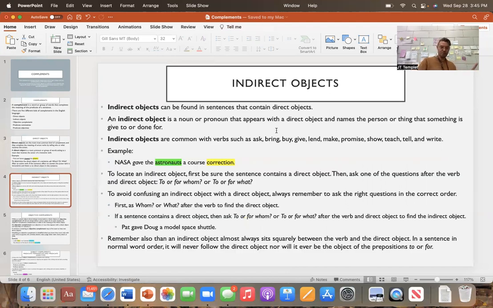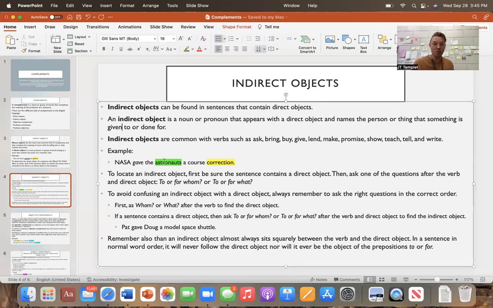Indirect objects can only be found in sentences that contain direct objects. So you cannot have an indirect object without having a direct object first. An indirect object, just like a direct object, is a noun or a pronoun, and it appears with a direct object and names the person or thing that something is given to or done for.